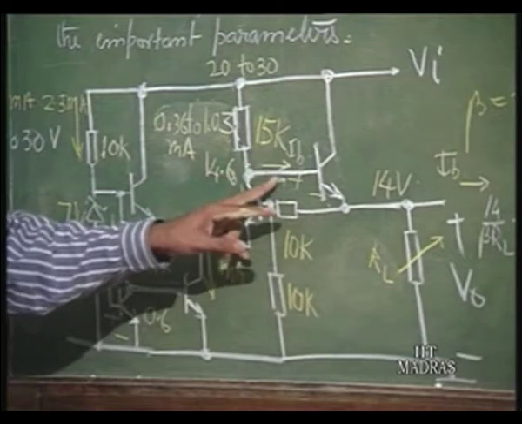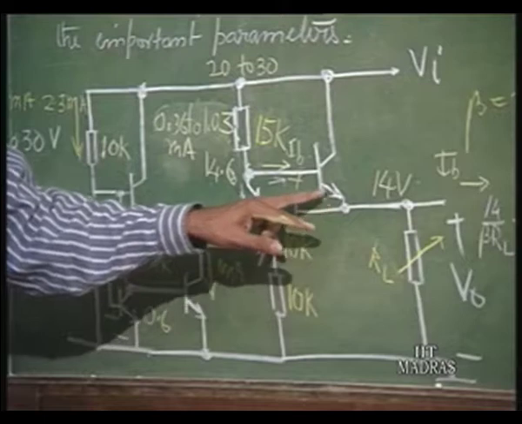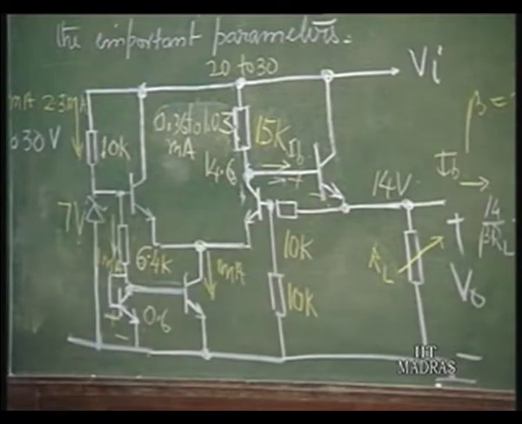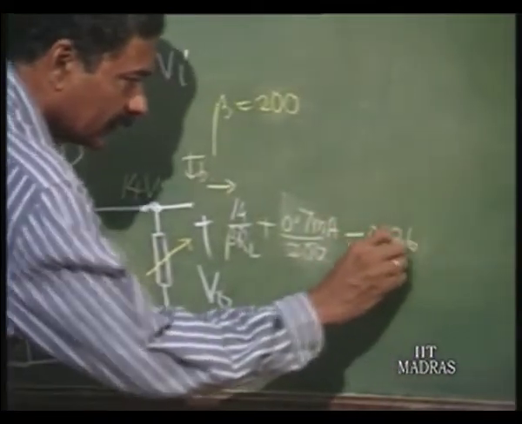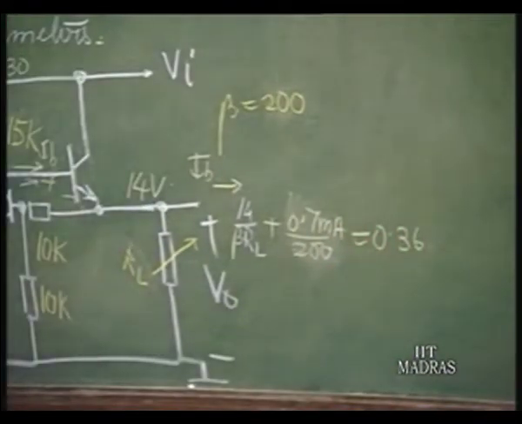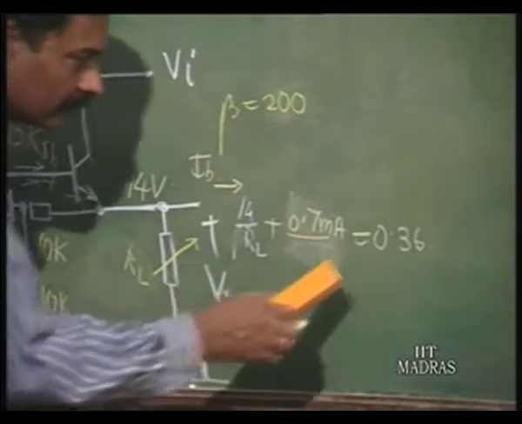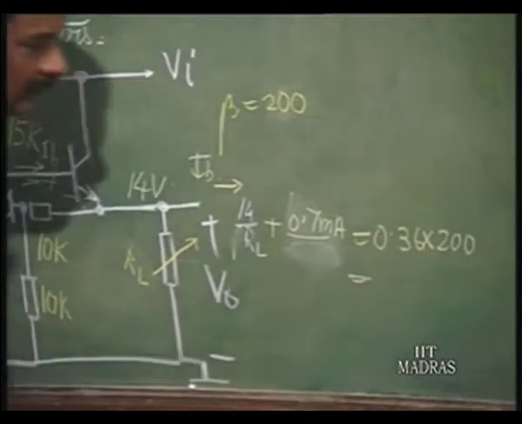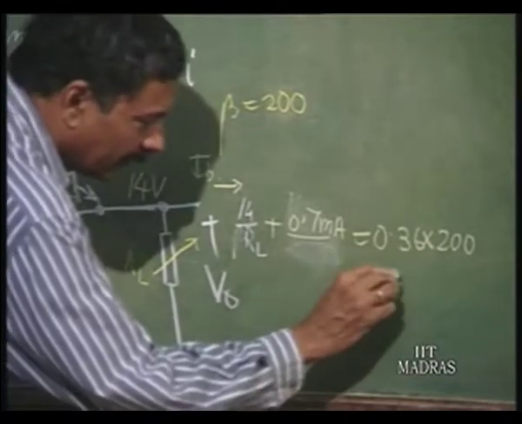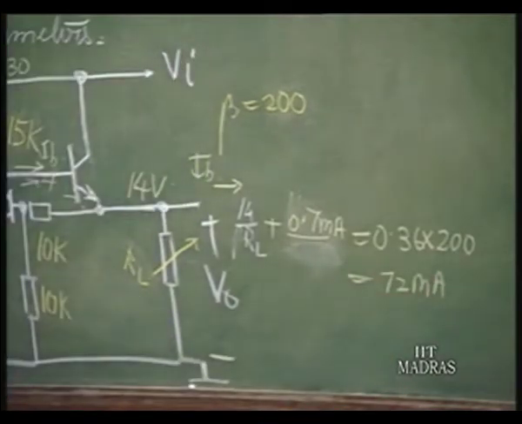That means 0.36 into beta, that is 200, is the maximum current this can deliver. Okay. So, this current can be equal to 0.36 at the limiting situation, into beta, that is 36 into 2, 72 milliamperes, right.